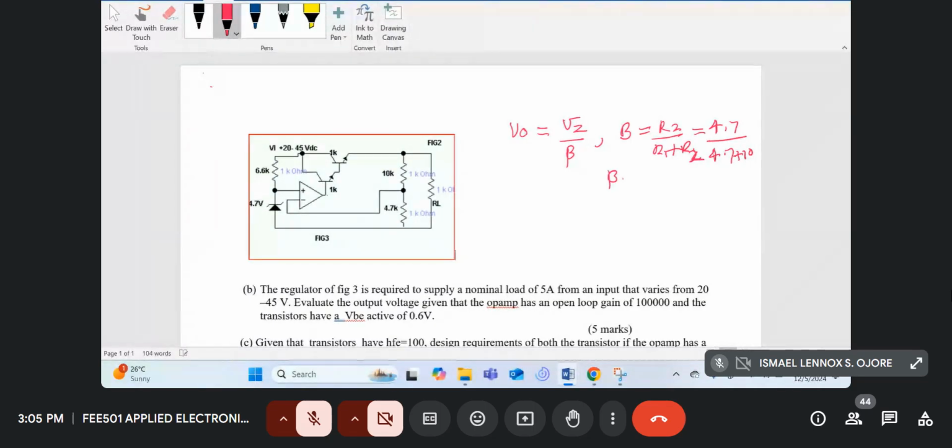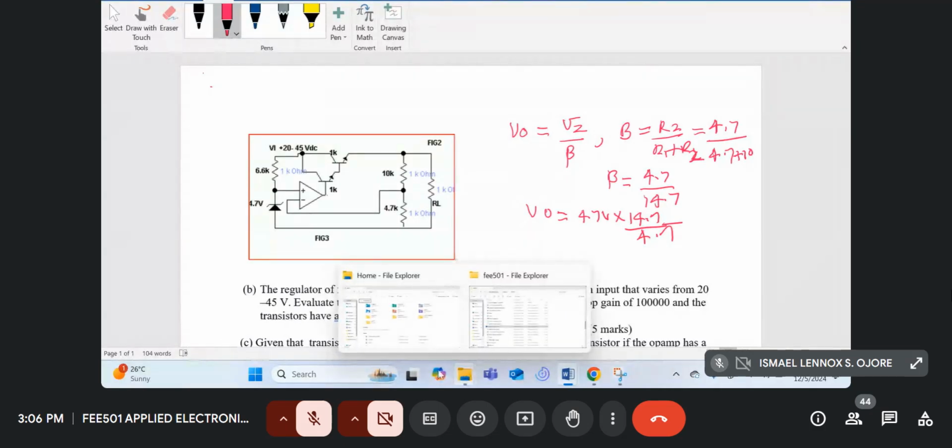So you can say that beta is equal to 4.7 over 14.7. And therefore V0 will be Vz, which is 4.7 volts, times 14.7 over 4.7. My calculator is next to me, but it's dead, so I'll have to use Microsoft's calculator.